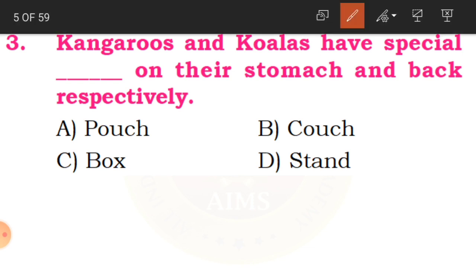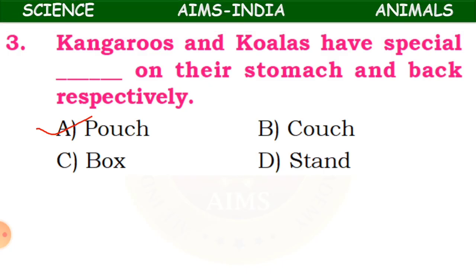What does the kangaroo have, children? We also said that the baby kangaroo is going to fully develop after coming to this part. It is just like a pocket type of part. It is pouch. Clear? A option is the correct answer.